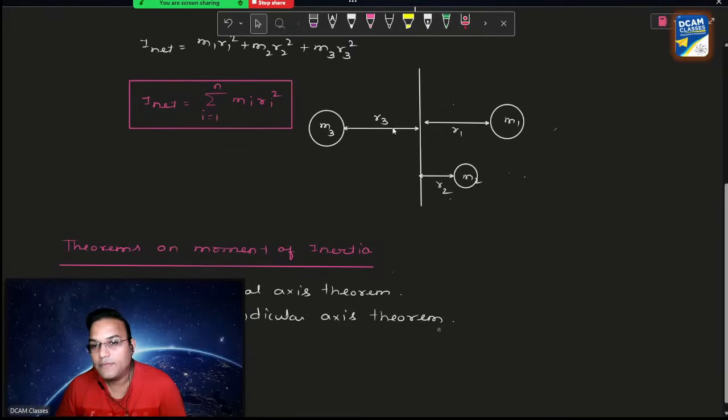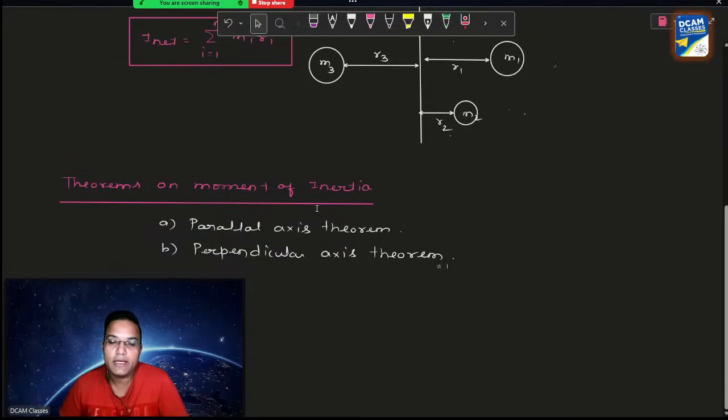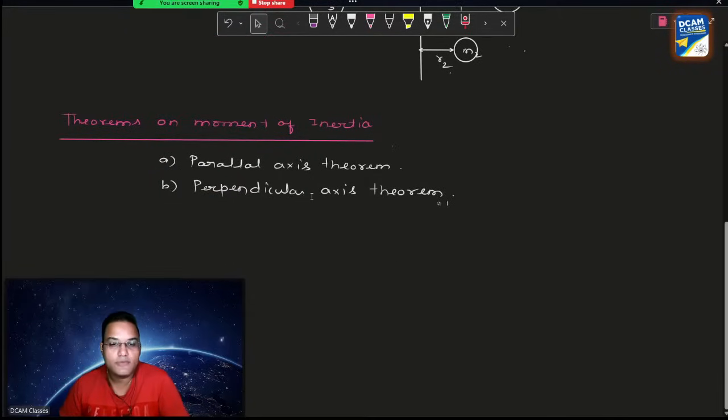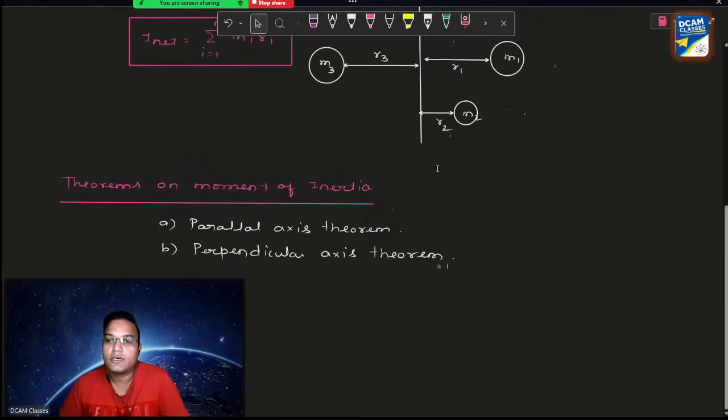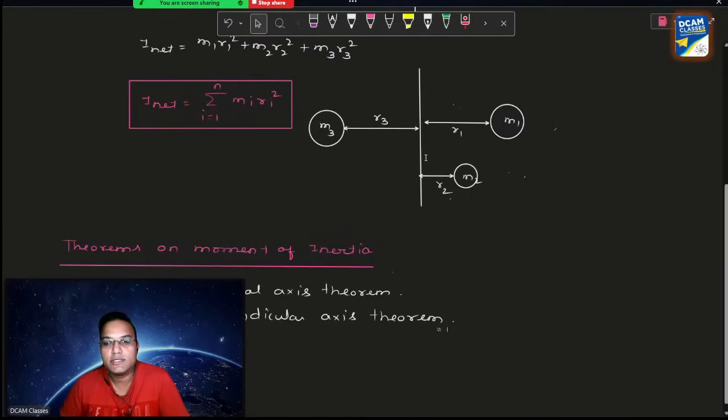Now, see, you must be wondering, sir, we know how to calculate moment of inertia, so why will we be using these theorems? What's the use of them? Because without any reason in physics, we do not study anything. Moment of inertia calculation is not that easy. Every time they won't give you easy questions.